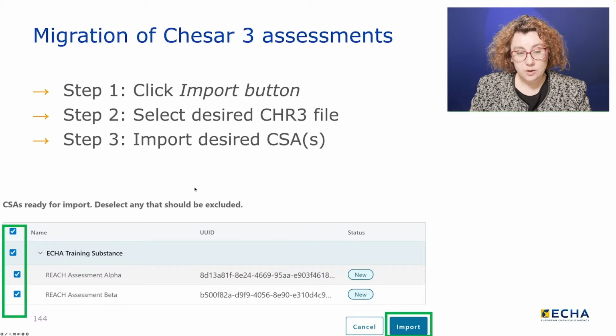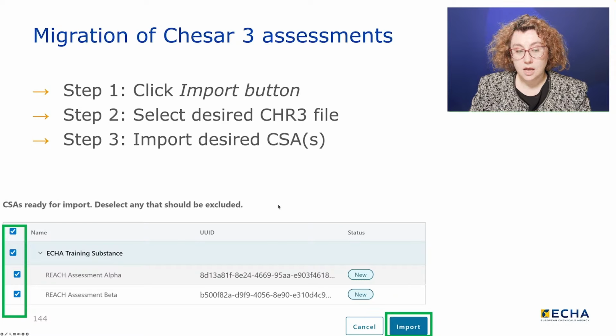So when you press import and you have picked the substance, you will get a panel, and this panel will have the name of the substance and the assessments that are recorded for this substance. As you know, Chesar Platform works at assessment level, not at substance level. So if you have 2 CSAs, you will get 2 assessments in Chesar Platform.